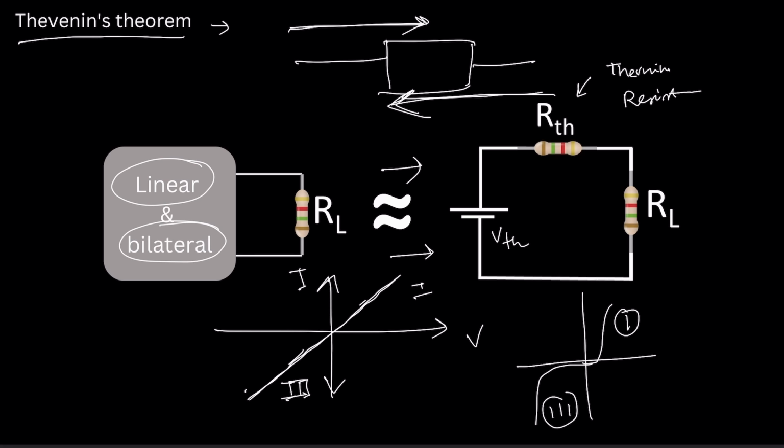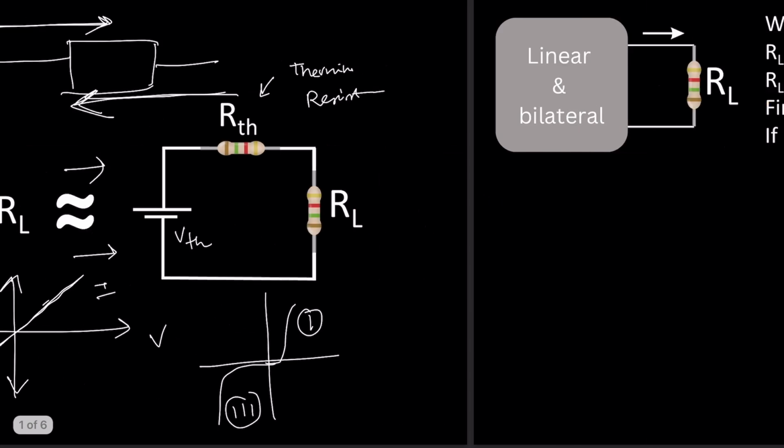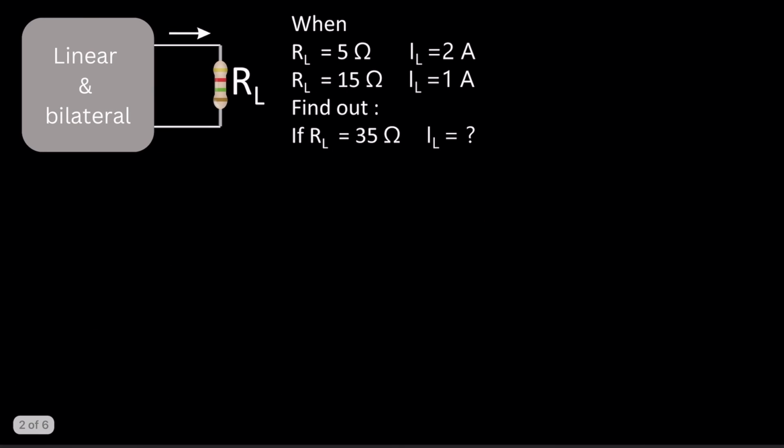Now let's go for the example. For Thevenin's theorem, there are two types of questions. One type of question is they will give you the load resistance and tell you the corresponding current. Like in this question they provided, if load resistance is 5 ohm, then the current will be 2 ampere.